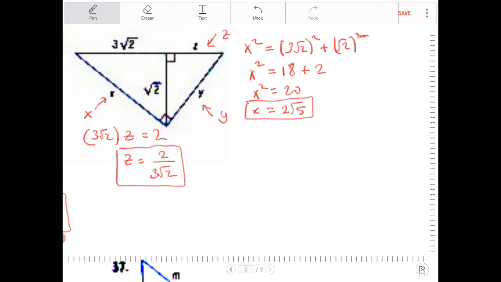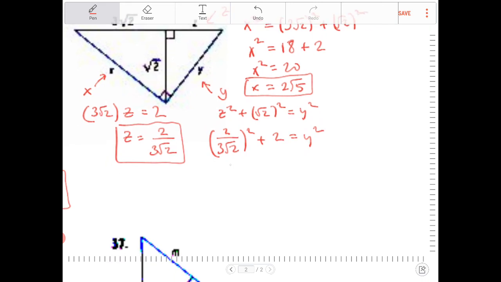And I can take that and now solve for y, right? z squared plus radical 2 squared is equal to y squared. Substitute in what I found for z. So that's 2 over 3 radical 2 squared plus radical 2 squared, which is just 2.